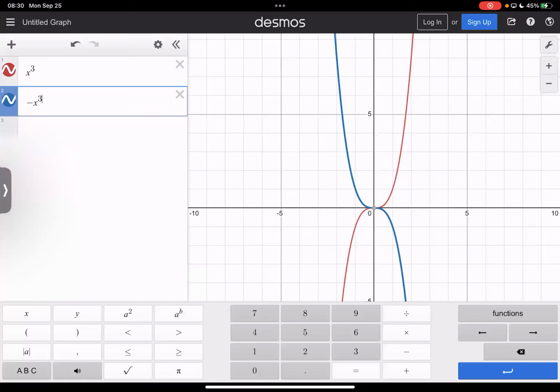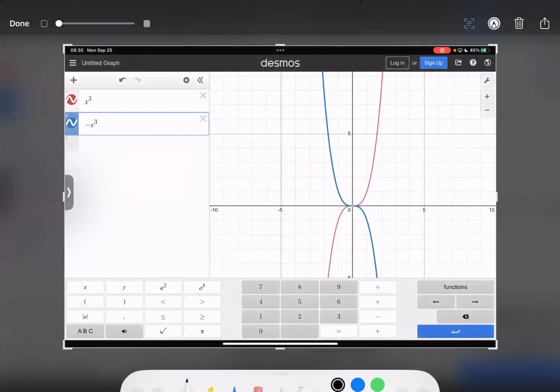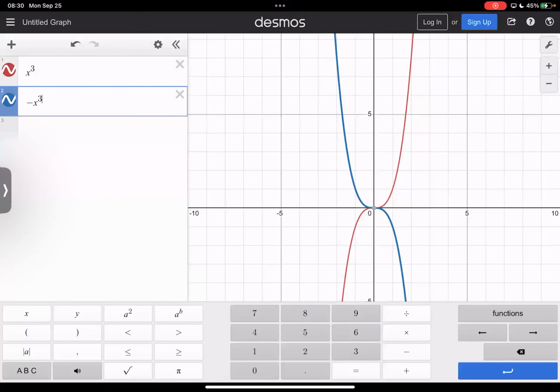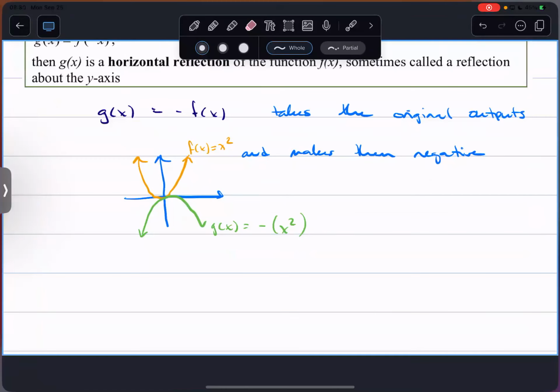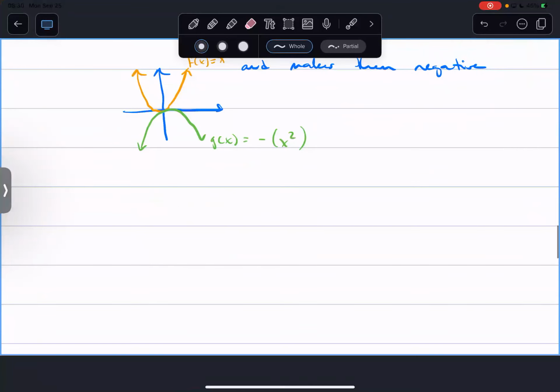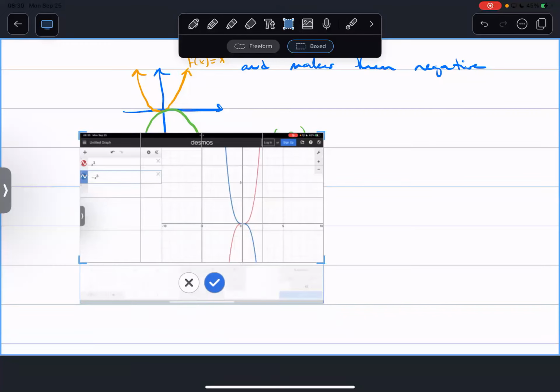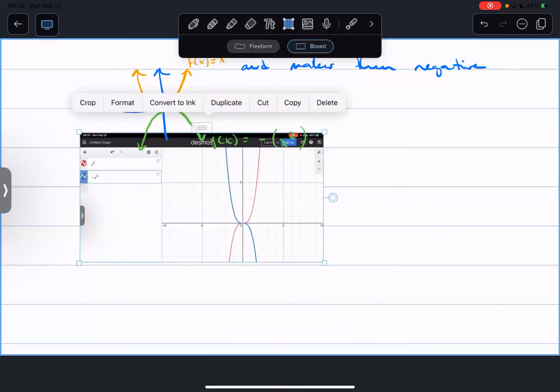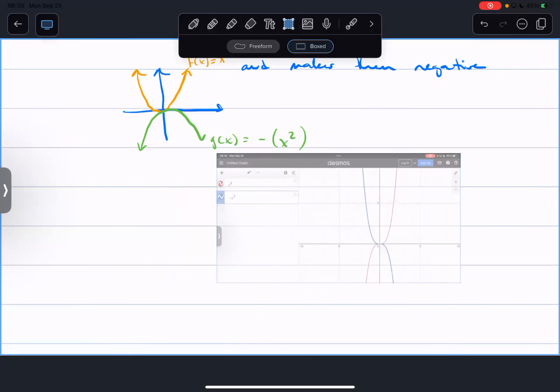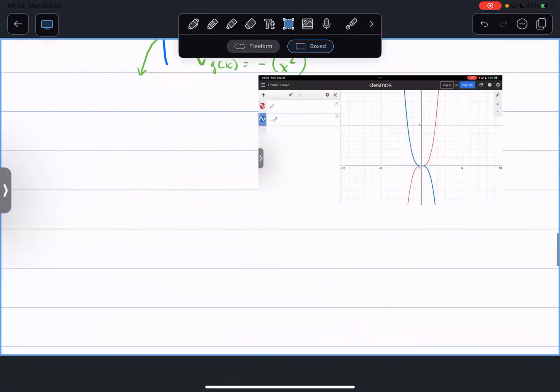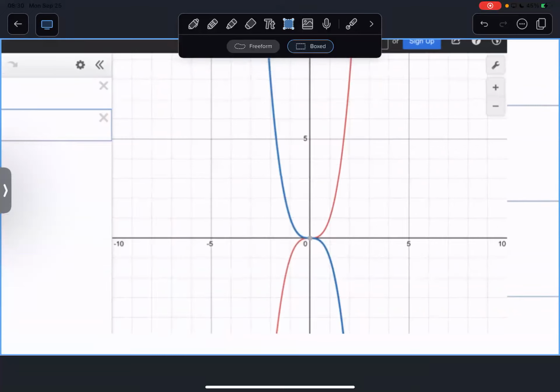Does. Right, and so it just takes your outputs and makes them negative, but that depends on if the output was positive or negative for the results. And hopefully that's clear in terms of the colors.